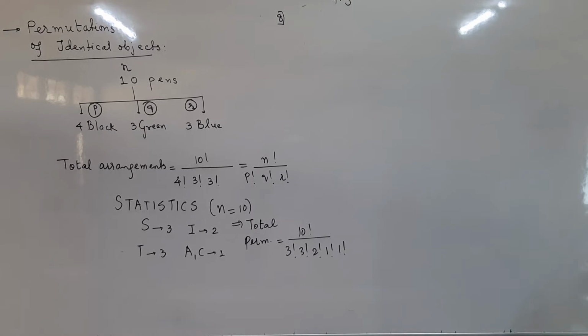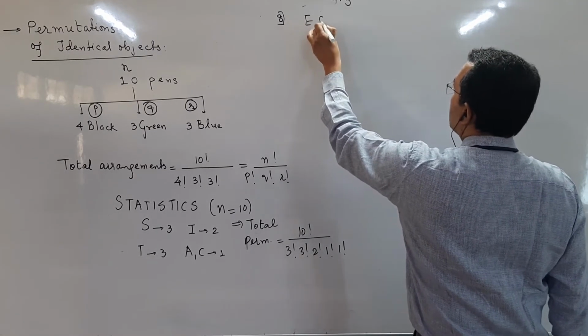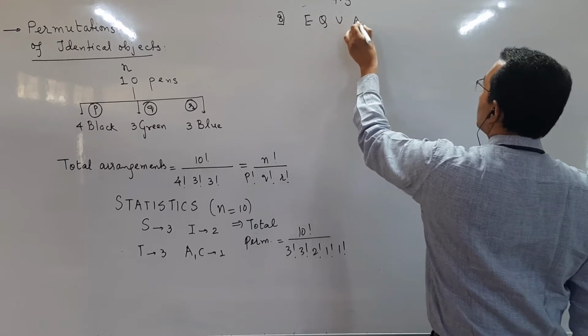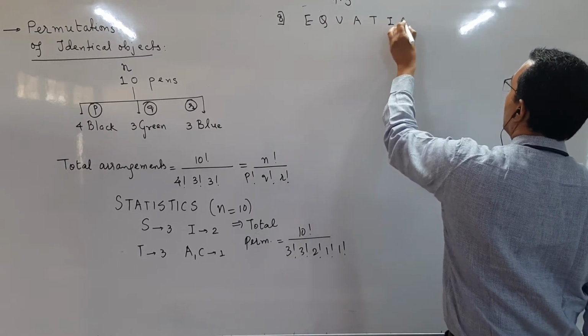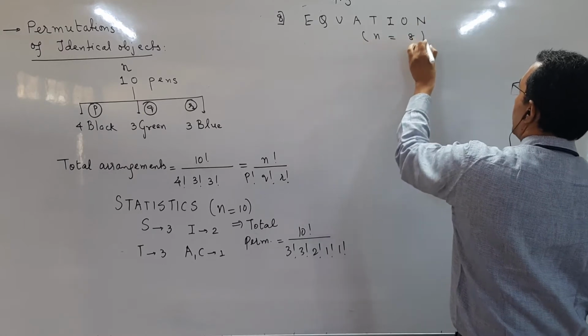Now, using all the letters of the word equation, once only, how many words can be formed which can be meaningful or meaningless? Now pay attention, students, the word equation: E, Q, U, A, T, I, O, N. This has 8 letters.